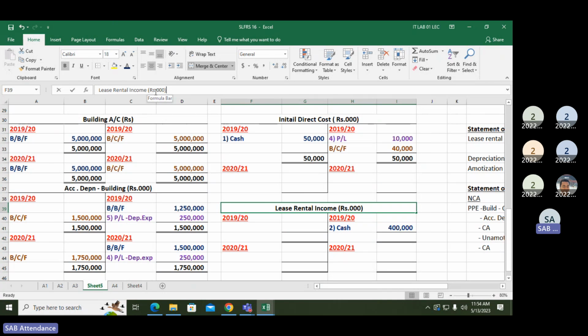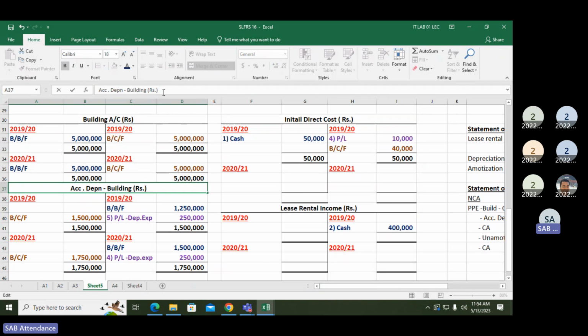I prepared this in rupees, ignoring the thousands. If you want, you can have it in rupees 1,000. But since I prepared the lessee's books in rupees, I go ahead with rupees for the lessor also. So you charge to P&L.